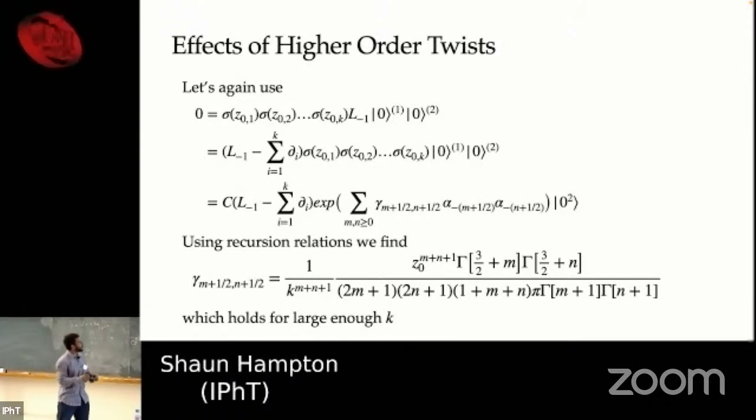And so if you carry the same logic through, you can compute, through these recursion relations, the pair creation. It gets modified by this factor of 1 upon K raised to the n plus 1.